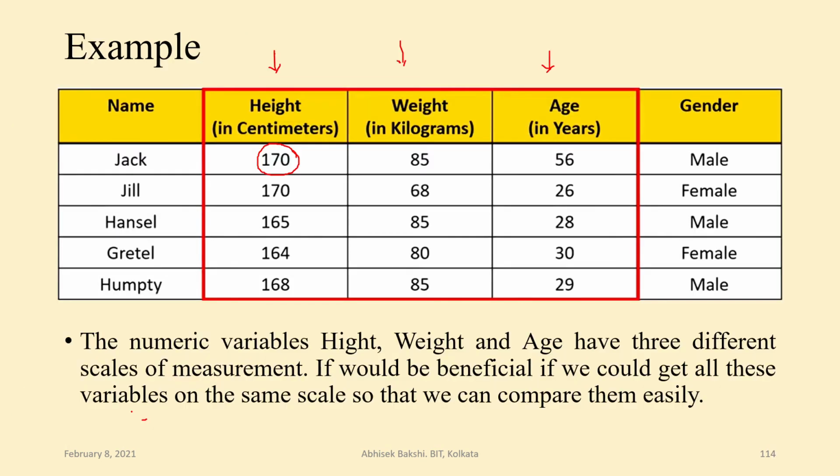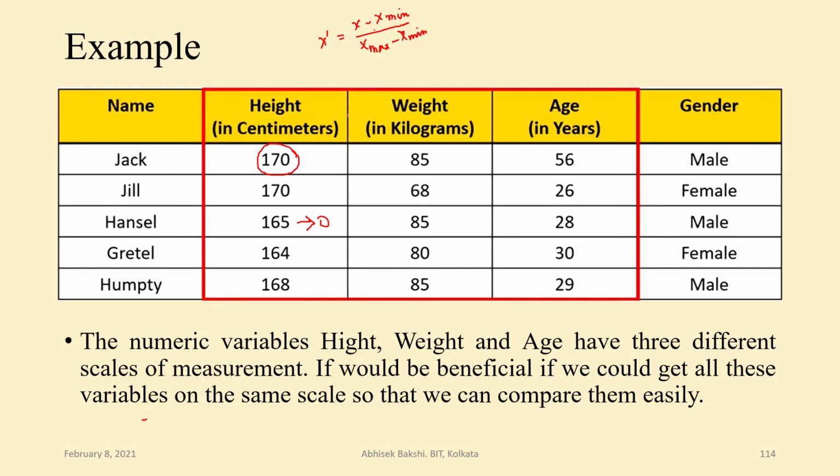So I can easily say that this 165 is going to be 0, because it's very easy to realize. x dash is x minus x min by x max minus x min.